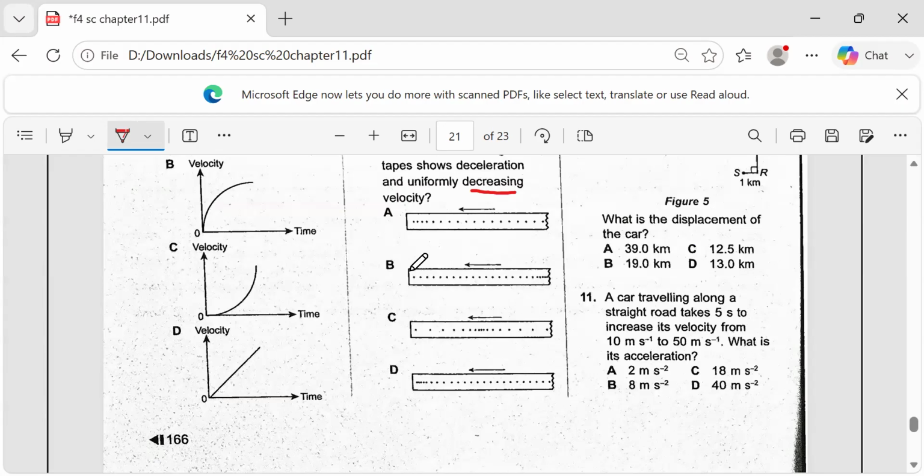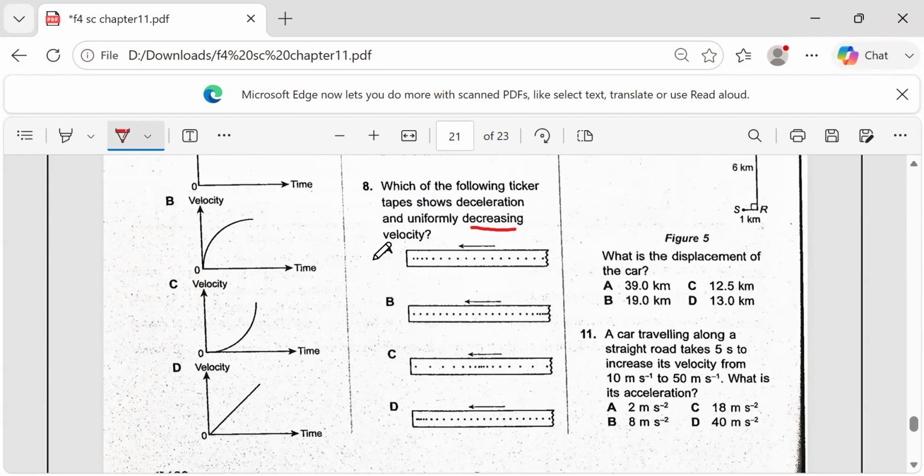Uniformly decreasing 是比较近还是比较远？decreasing velocity 就讲它比较慢呐、比较慢，它那个 dot 是比较近还是比较远？近，所以哪一个会比较越来越近？Which of the following ticker tapes shows deceleration and uniformly decreasing velocity?